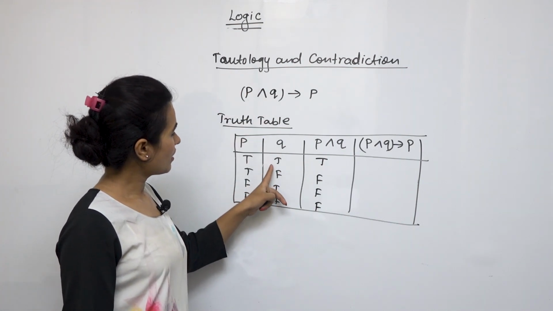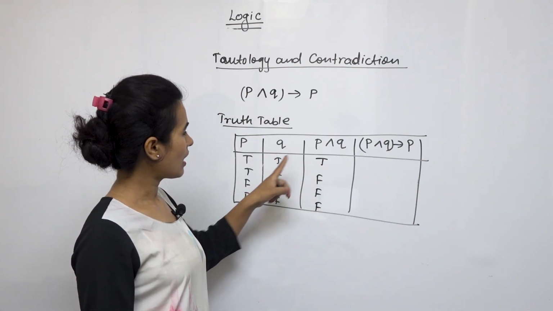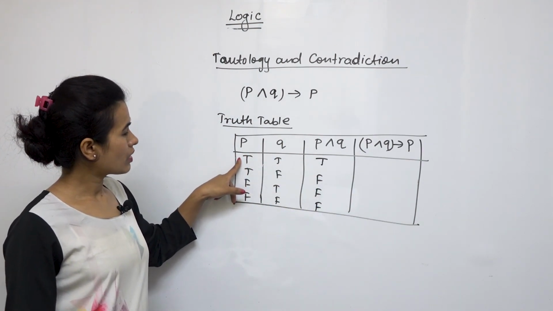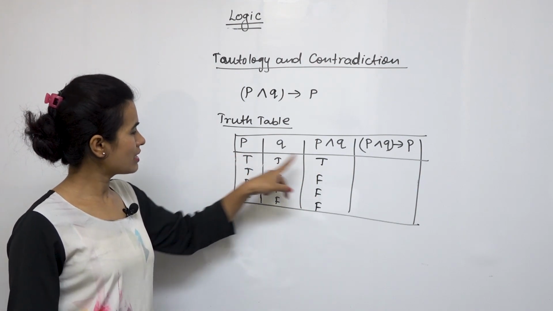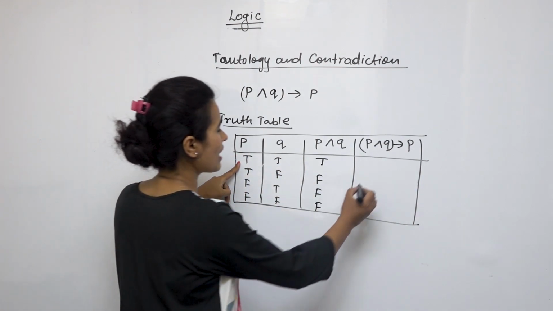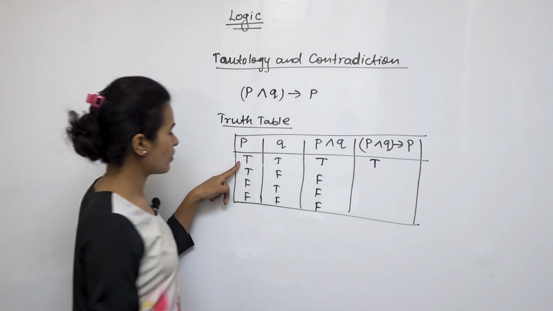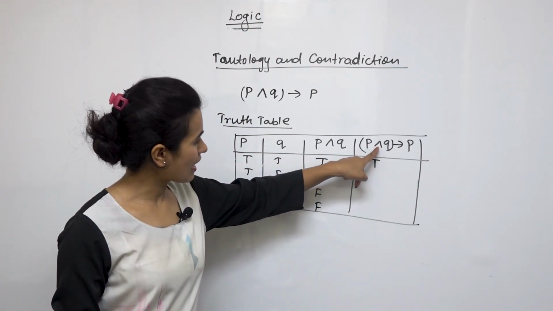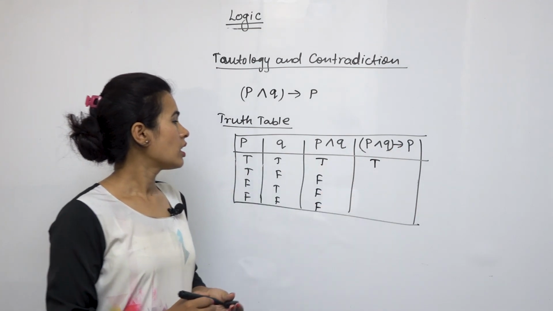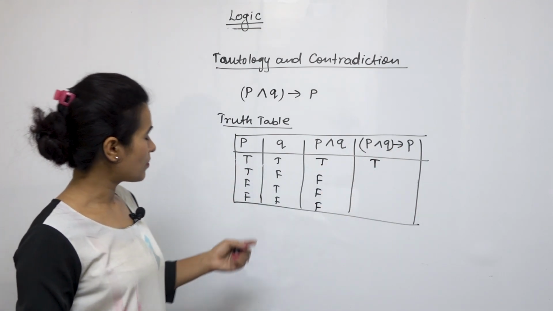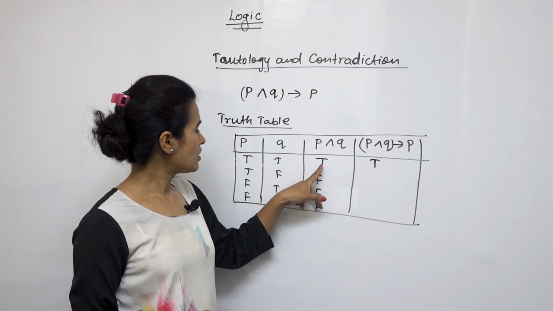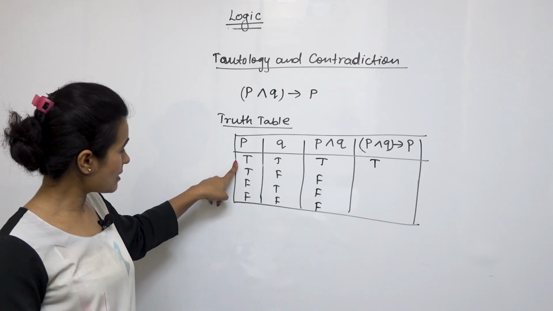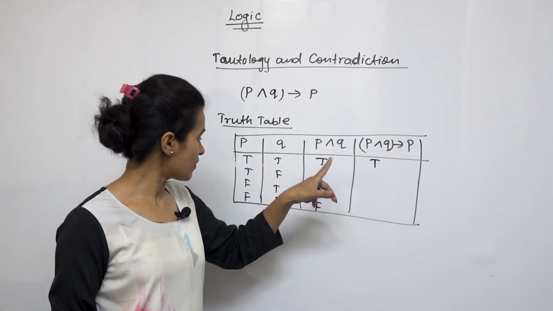In a tautology, we compare the hypothesis as well as the conclusion. In P and Q, then P, if we have TF, where the hypothesis is true and the conclusion is false, then the result is false.